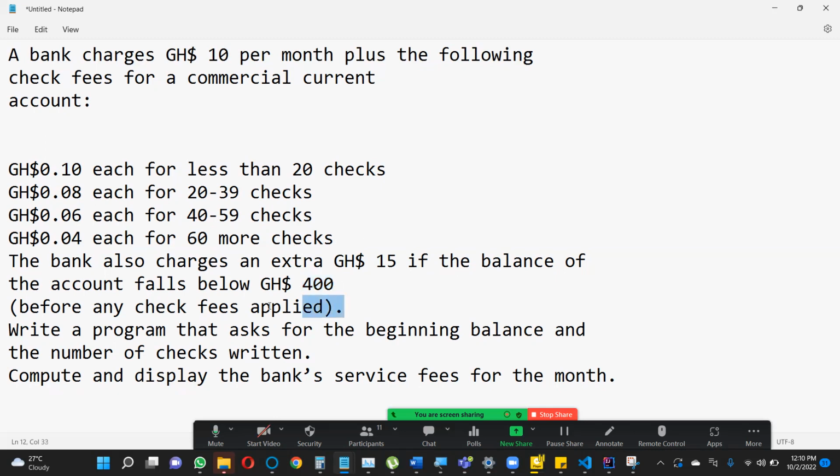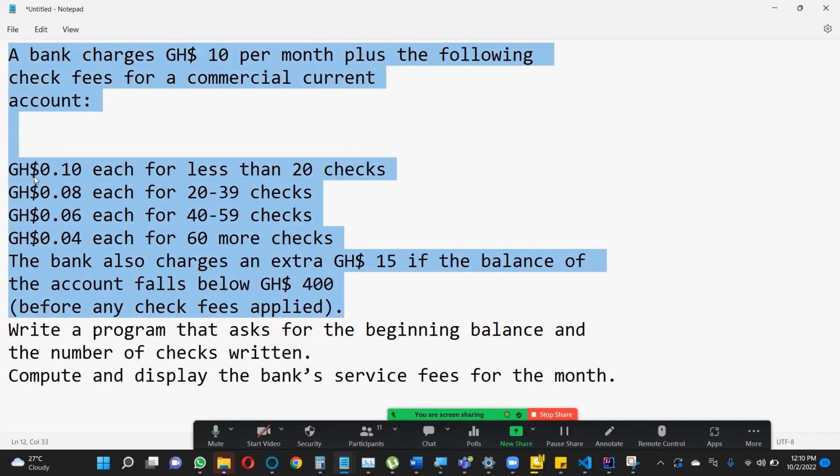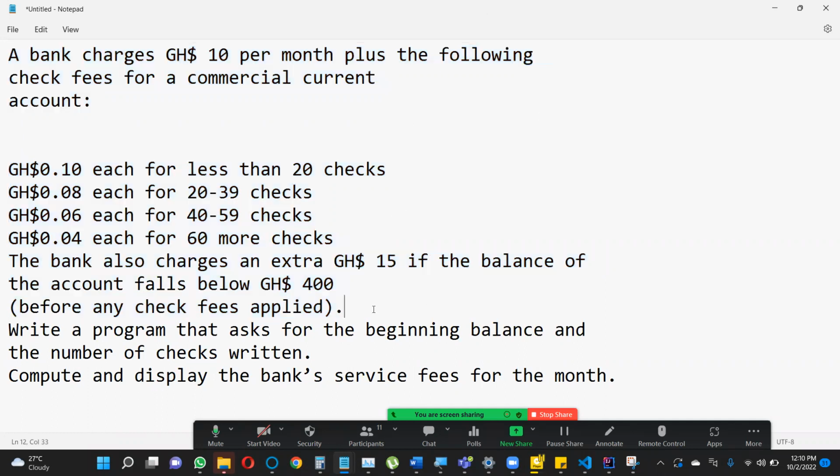And I'm supposed to write a program so that at the end of the month, the bank, with a click of a button, can make all of these deductions and then they can walk out. Do we understand? Yes, sir. Now, if we understand, then that means we can start writing the program.